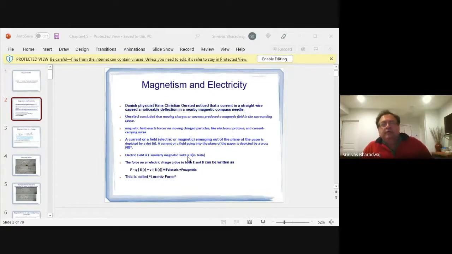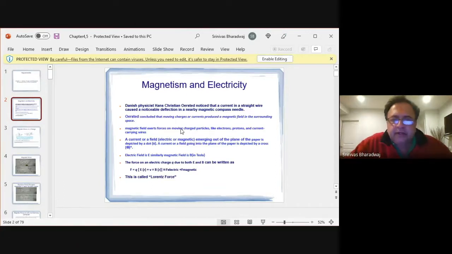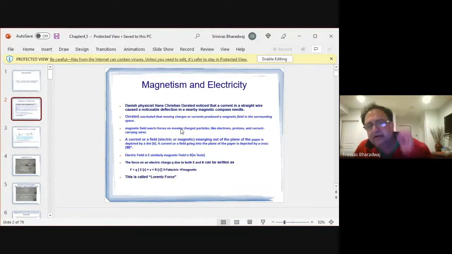So, with respect to magnetostatics, the important ideas that we want to discuss deal with how magnets alter moving charges, and as a result, electricity, right?